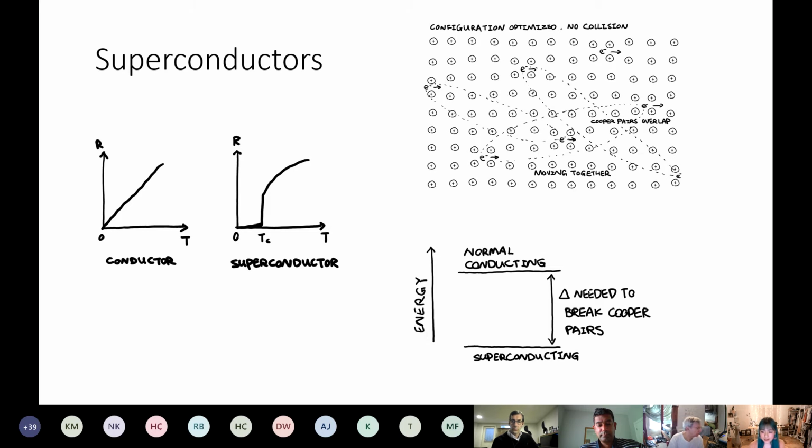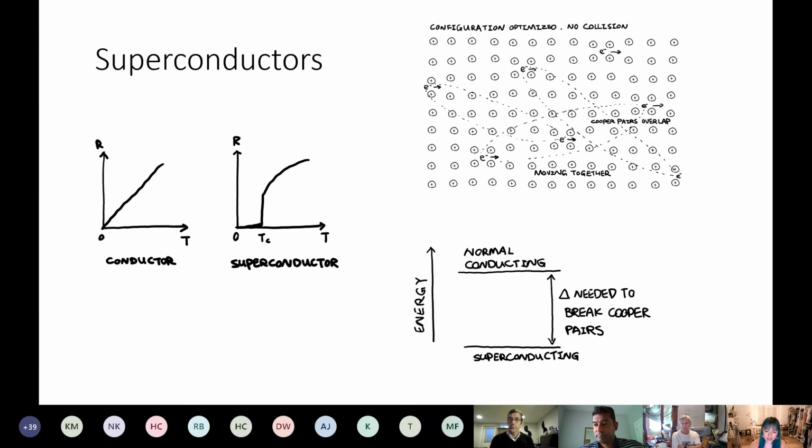And this can provide protection for your system, because you need a certain amount of energy to break the Cooper pair and put your superconducting material back into a normal conducting material. So there is an energy gap that you can use to shield your system.